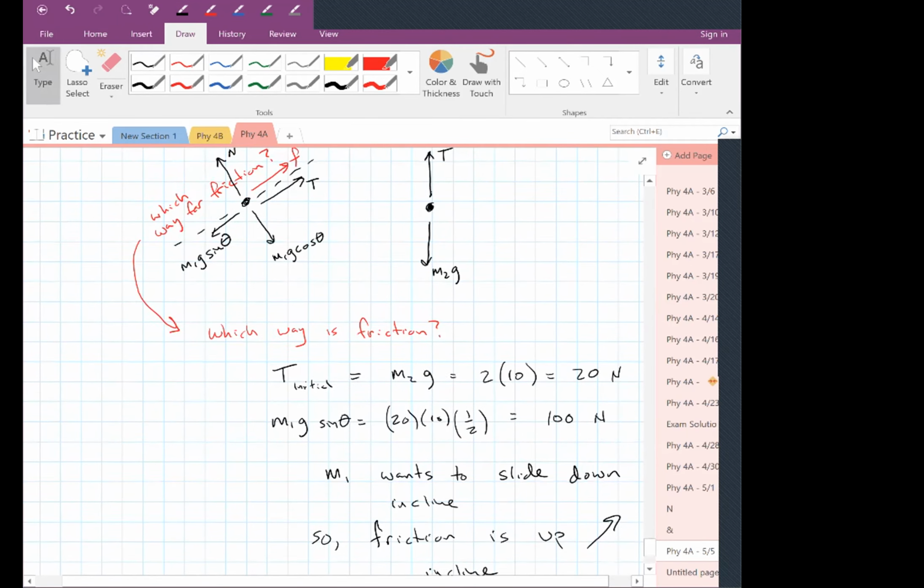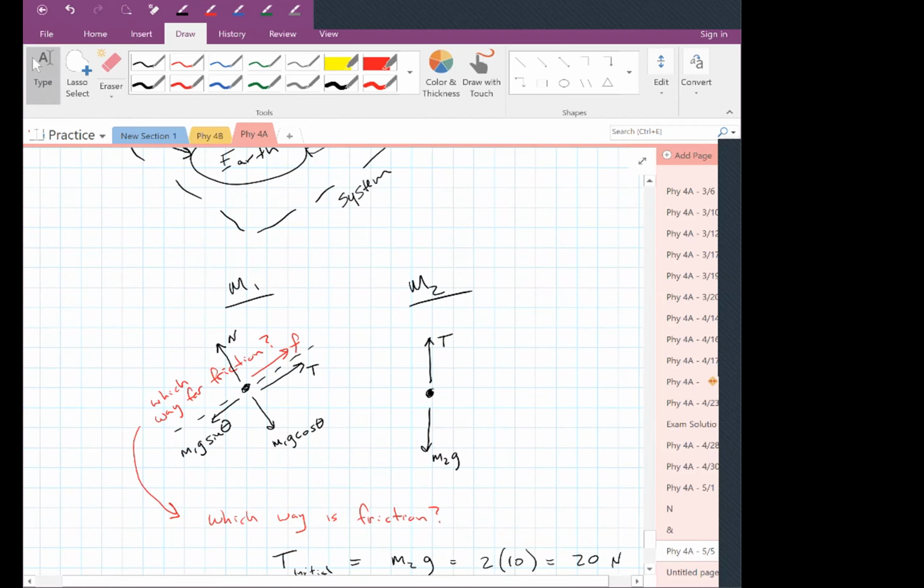I'll use parallel and perpendicular. This is going to be my parallel direction, and this is going to be my perpendicular direction.